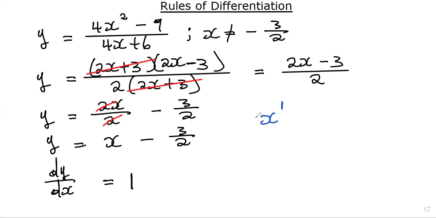So I say exponent multiplied by coefficient, I get a 1, and I still have my x. Then I say 1 minus 1, which is just 0. And then I say anything to the power 0 is 1, and 1 times 1 will just be a 1.